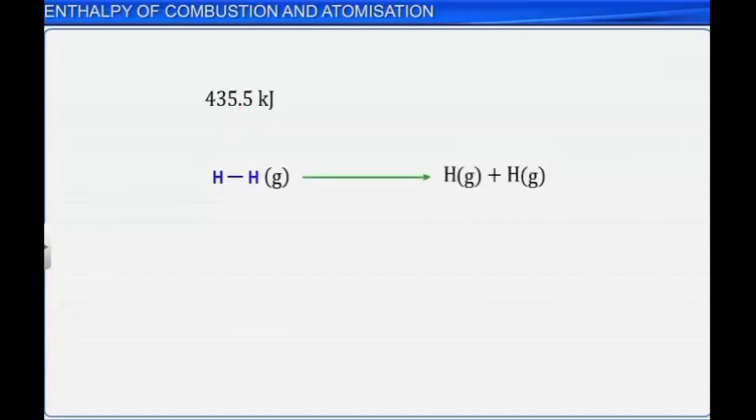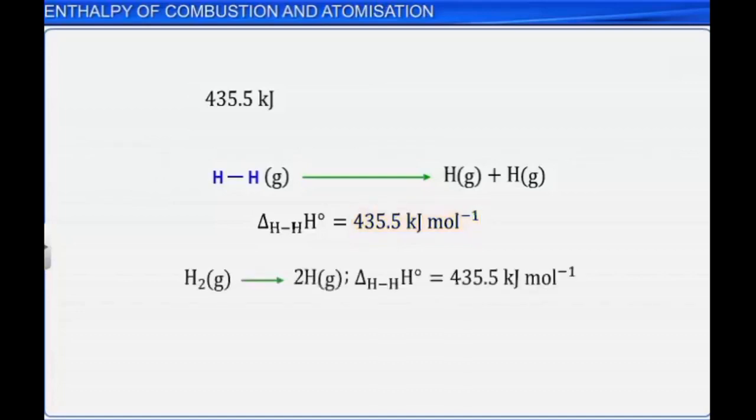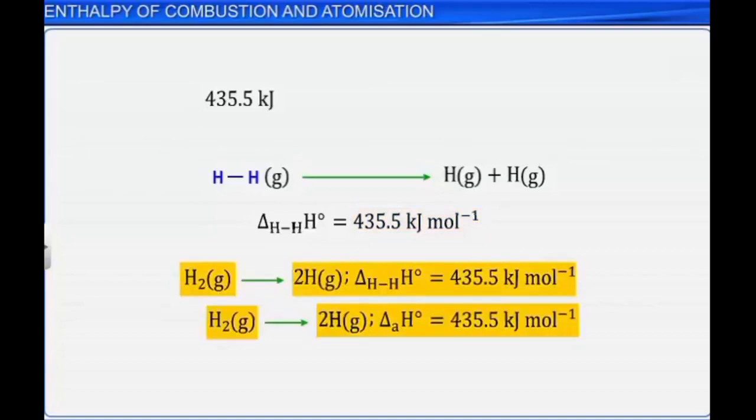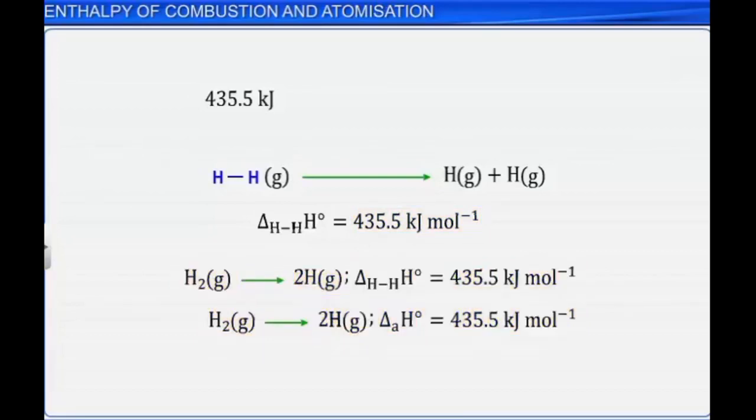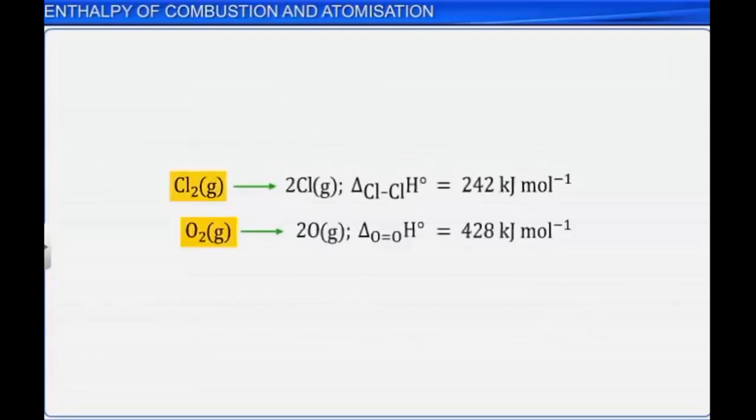Hence, the bond dissociation enthalpy of hydrogen is 435.5 kilojoules per mole. Note that this is the same as the enthalpy of atomization of hydrogen gas. For all diatomic molecules, bond dissociation enthalpy is the same as atomization enthalpy.